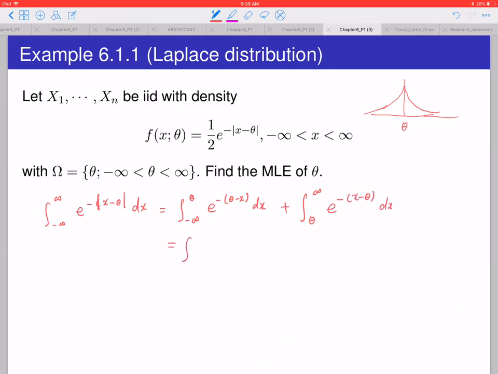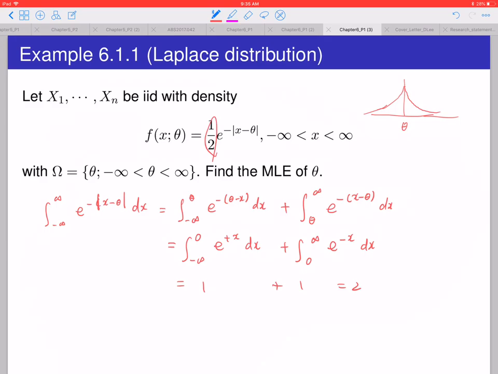Then this one is minus infinity to 0 of e to the x dx, and this one is 0 to infinity of e to the minus x dx. So this is 1 plus 1, 2. That's why we have a half here.